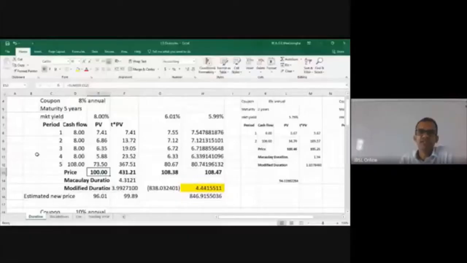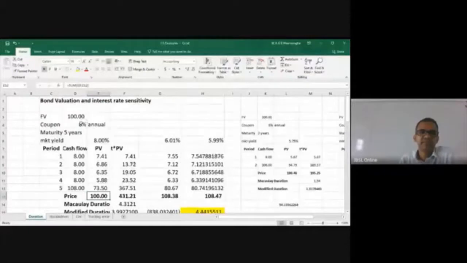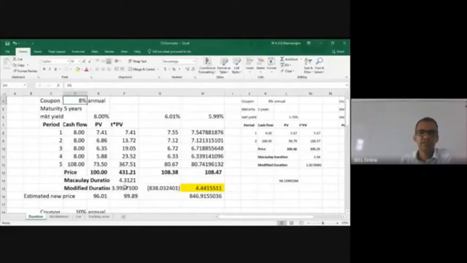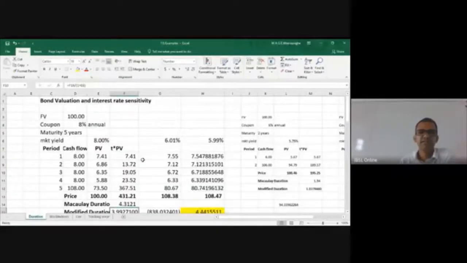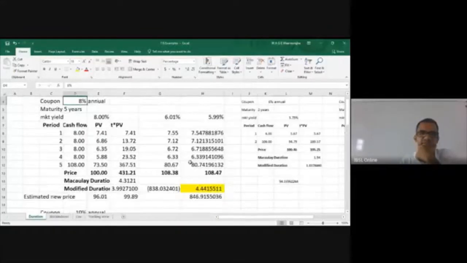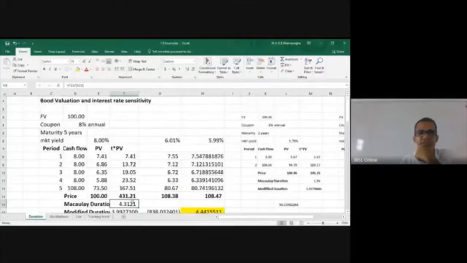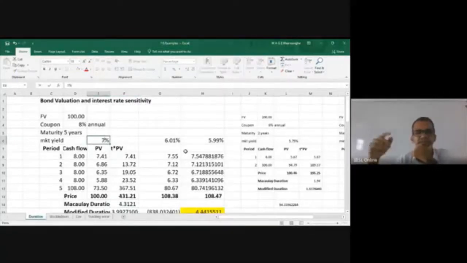Do some calculations with different figures. Fix the coupon, change the maturity, and calculate the modified duration. You can see what is the change. Then fix the maturity, fix the yield, change the coupon rate and see what would happen. Even here we can do it. Now the modified duration is 3.99 when the yield is 8%. What would happen if the yield is 7%?